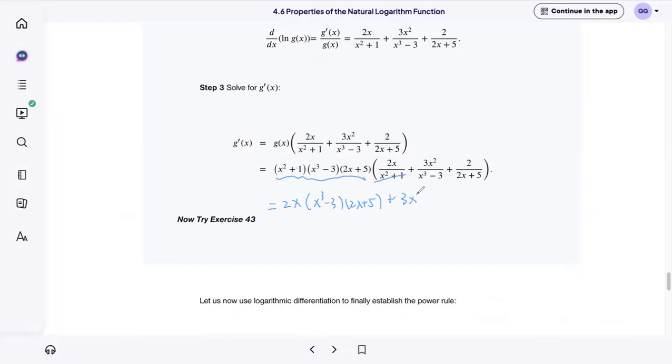Then the second term, 3x squared times x squared plus 1 times 2x plus 5, where the x cubed minus 3 is cancelled. Then plus 2 times x squared plus 1 times x cubed minus 3, and this cancelled.